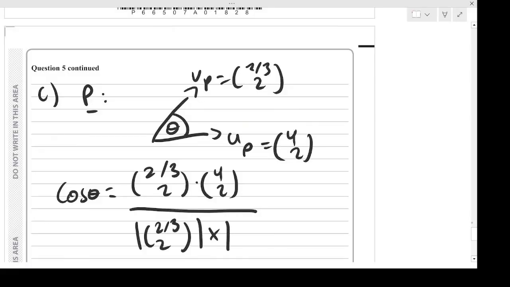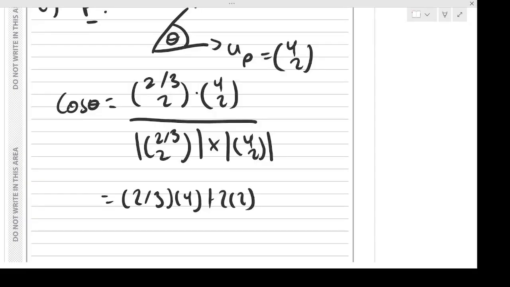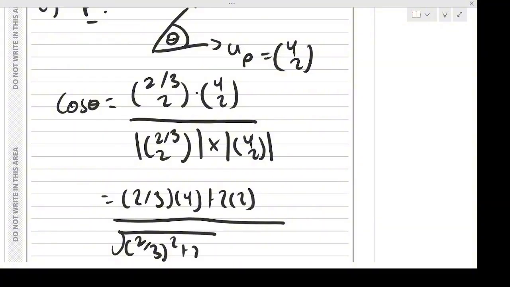So that's 2/3 lots of 4, add 2 lots of 2, divided by the magnitude, so 2/3 squared add 2 squared, times by 4 squared and 2 squared.